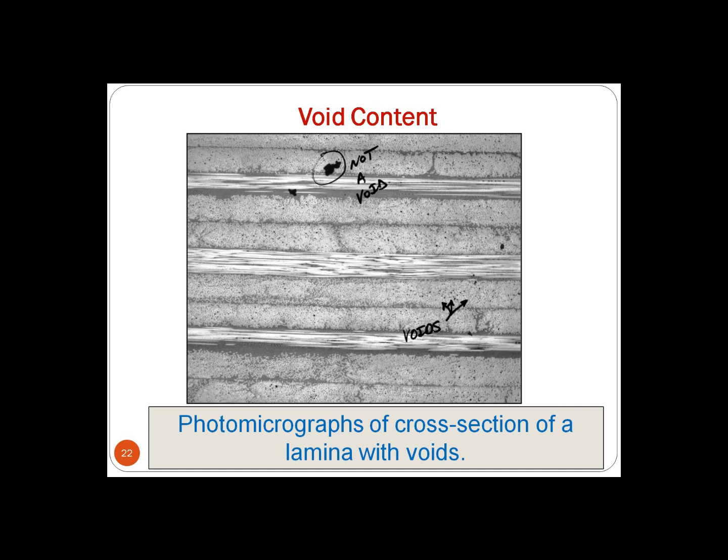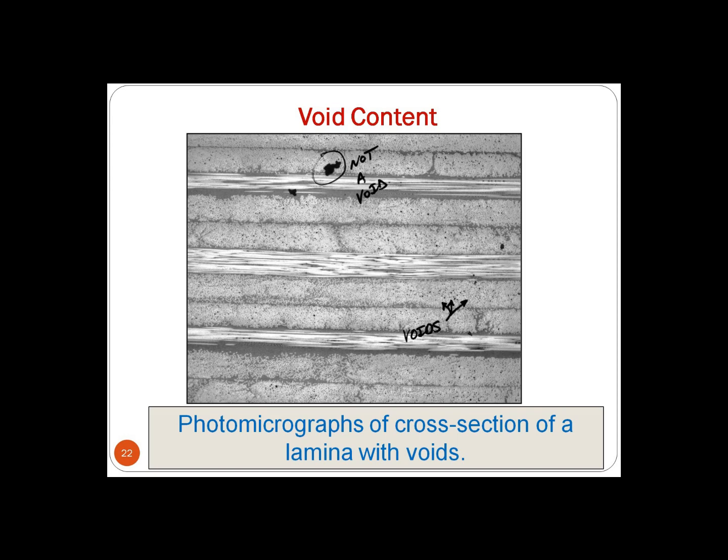Now in the coming discussion, we will emphasize the void content of a composite. During the manufacturing of a composite, voids are introduced in the composite, as you can see in the figures in this current slide. This causes the theoretical density of the composite to be higher than the actual density.